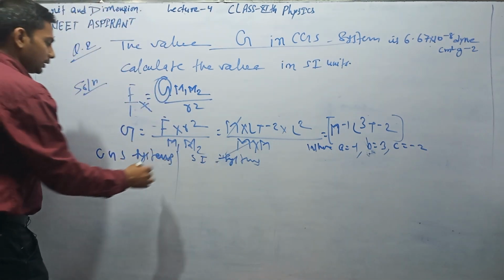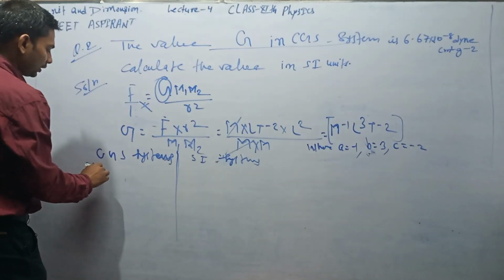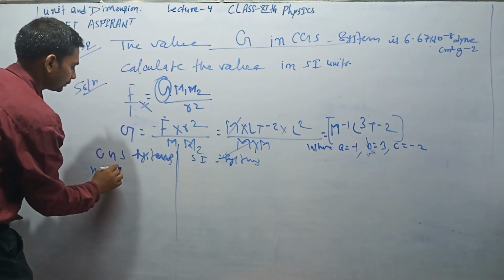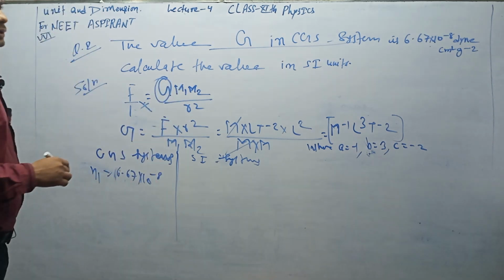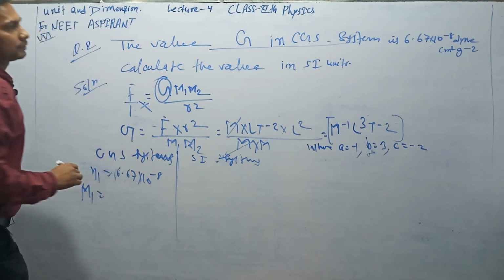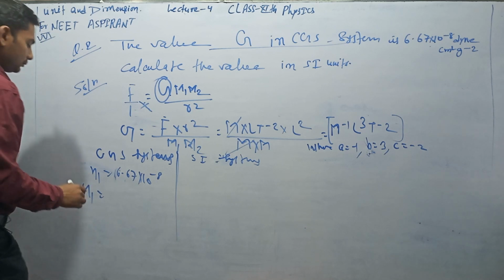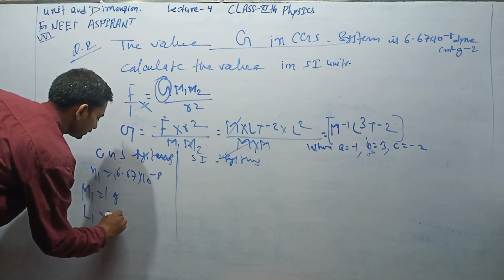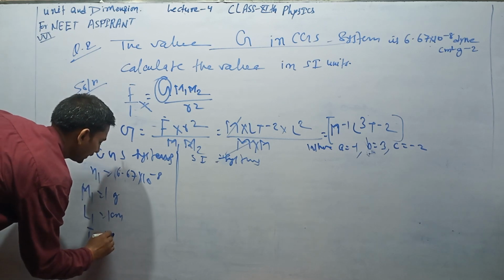So first of all, given n1 equals 6.67 into 10 to the power minus 8. M1 in the CGS system is 1 gram, L1 is 1 centimeter, and time T1 is 1 second.